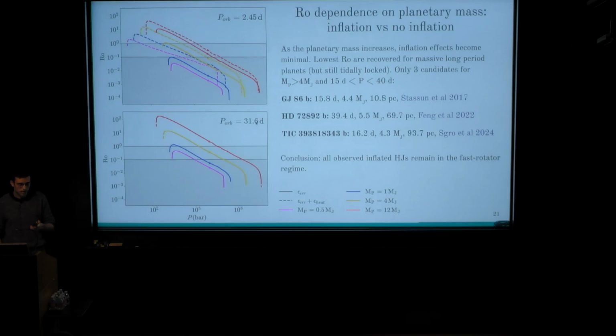But the conclusion is that all observed hot Jupiter planets remain in the fast rotating regime, because most of them are not above 4 Jupiter masses. Most of them are below. And these are the only 3 cases that I could think of that maybe could be in the slower rotating regime.